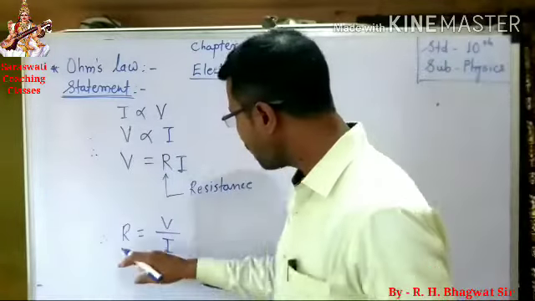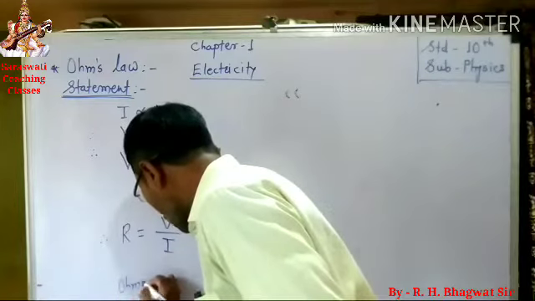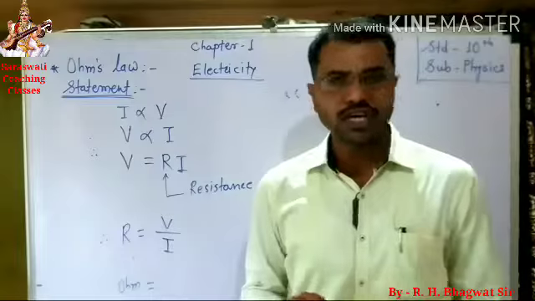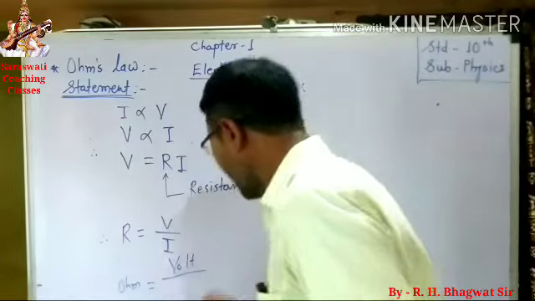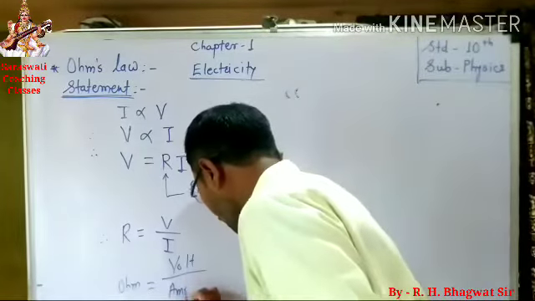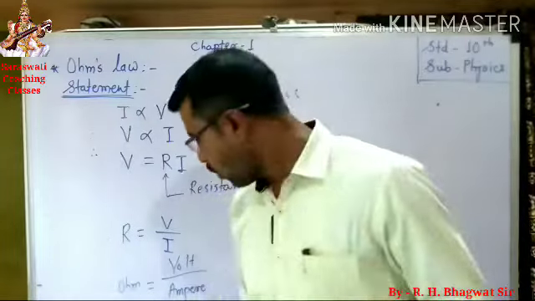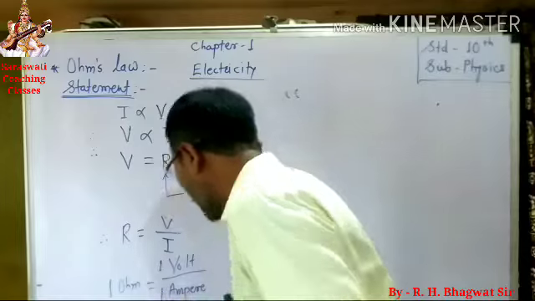Here the SI unit of resistance is ohm. Ohm is equal to the SI unit of potential difference, volt, divided by the SI unit of current, ampere. Therefore, we can write 1 ohm is equal to 1 volt divided by 1 ampere.